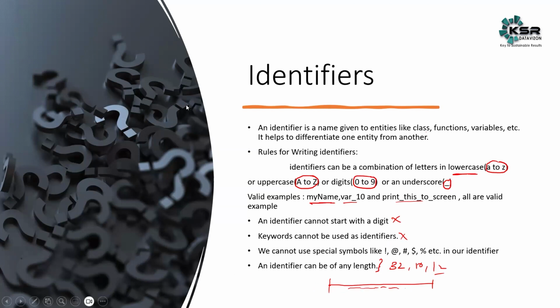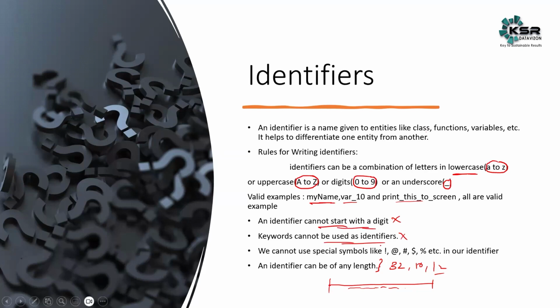So if someone asks you how you create an identifier: an identifier is a combination of letters which can be in lowercase or uppercase, digits, or underscore. However, along with this combination, we also need to remember some conditions. It cannot start with a digit.